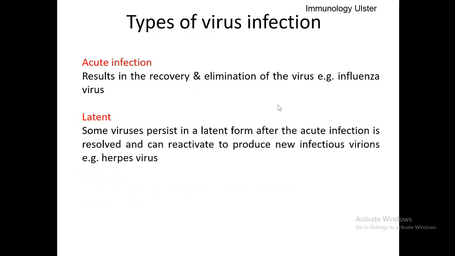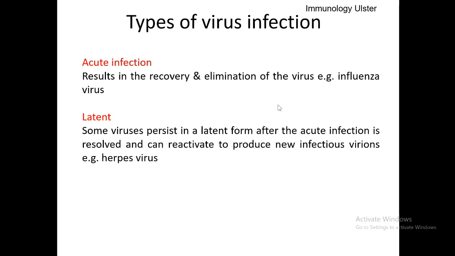There are two types of viral infection that you may or may not be aware of. One is an acute infection where you get infected, you recover, and the virus gets eliminated. But the more insidious aspect of viral infections is their ability to persist, and that concept is called latency, where some viruses are able to persist in a latent form after the acute infection is resolved and can reactivate to produce new infectious variants later on.